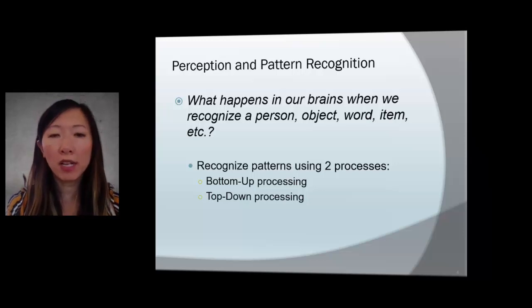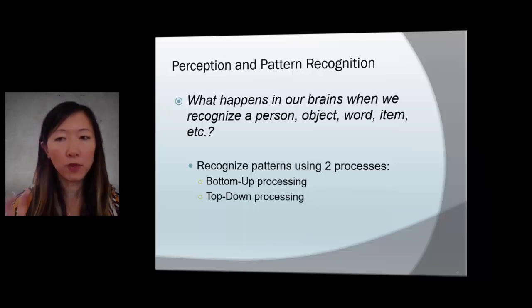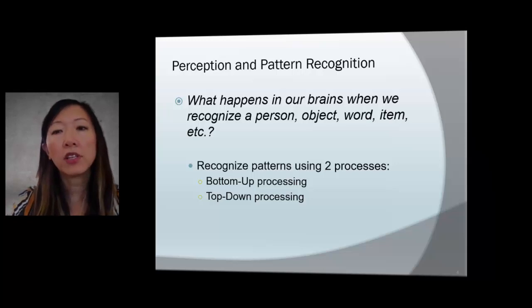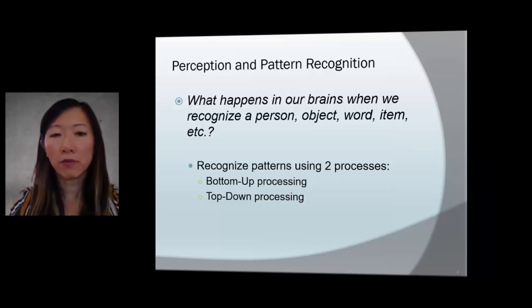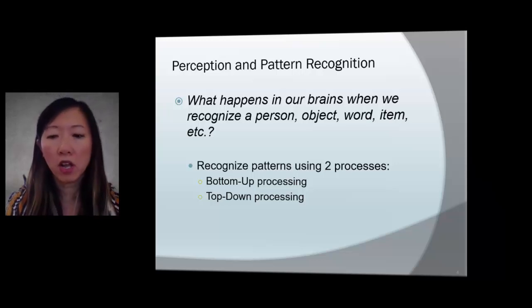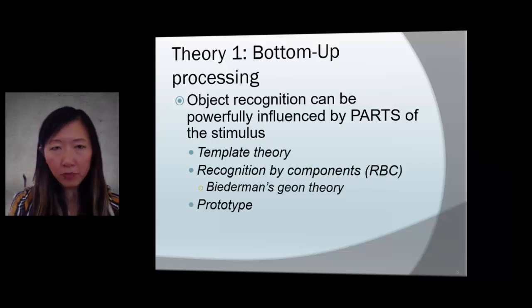Bottom-up processing is what we're going to focus on now. There are a few different theories for that, and in other lectures I'm going to talk about the top-down processing approach because it aligns more with some of the other theories we'll be discussing.